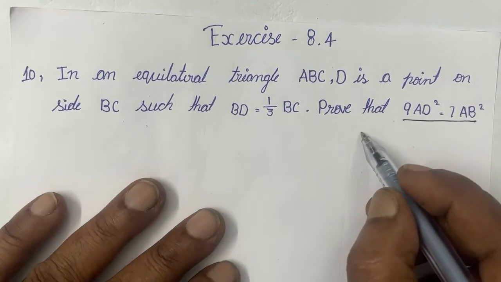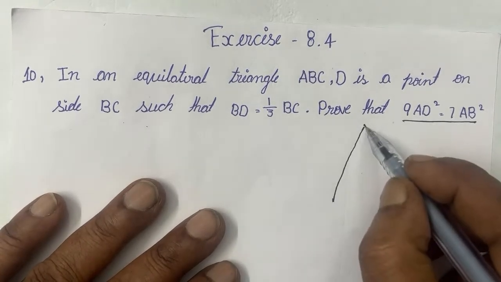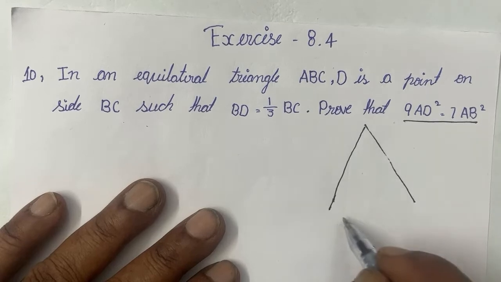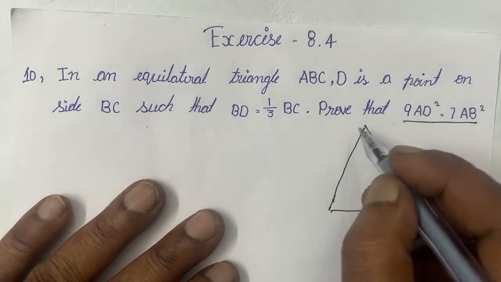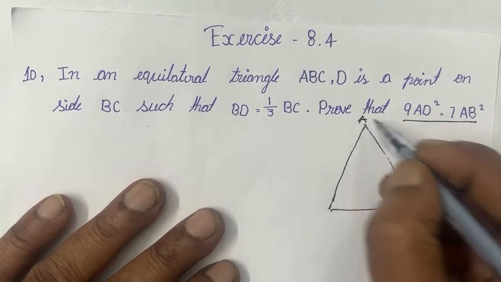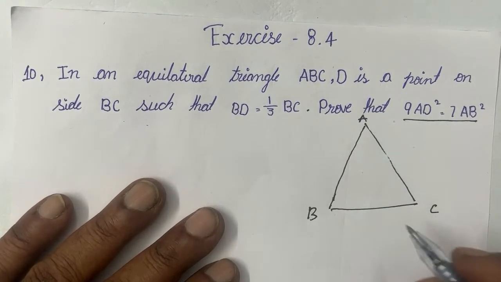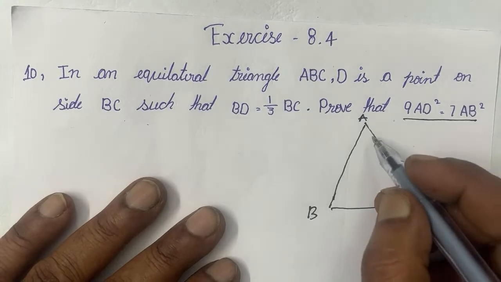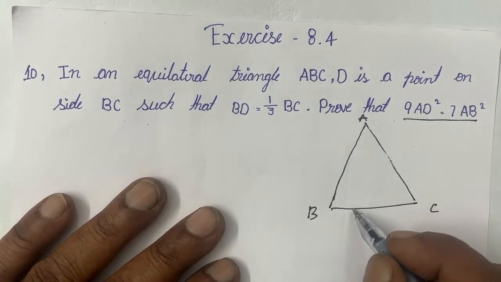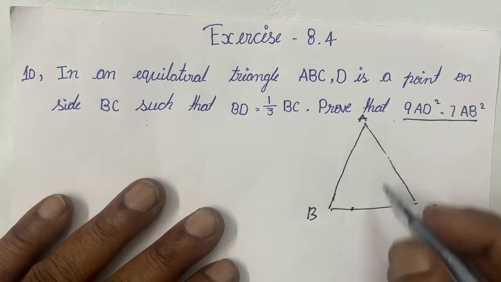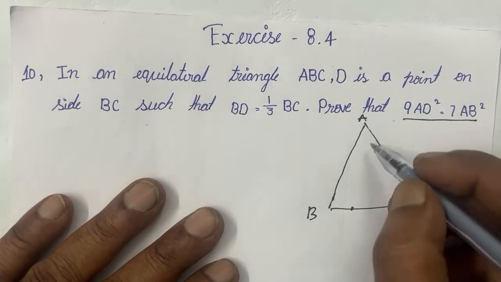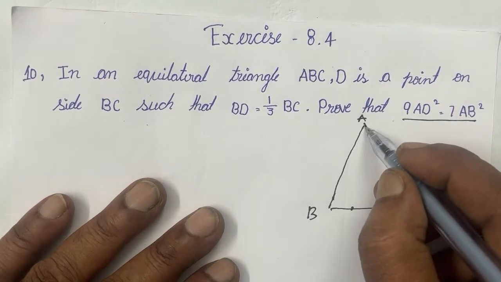Here, first of all, I will show the actual picture. This is A, this is B, this is C. Here is given one point D. D is not the midpoint.